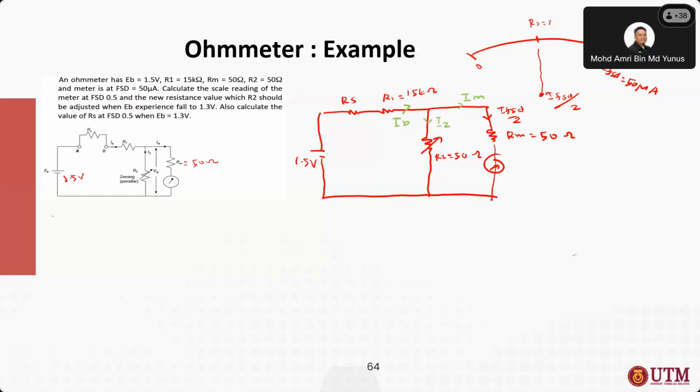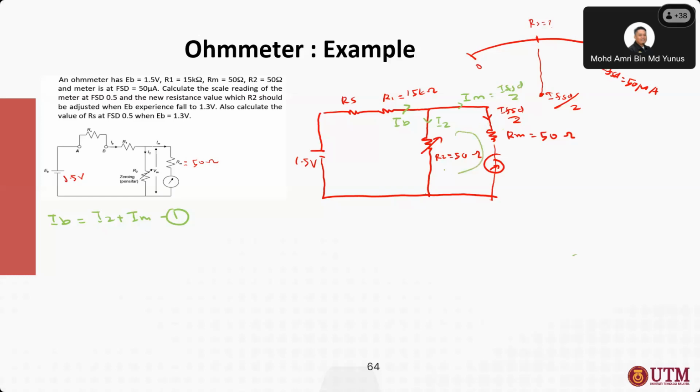IB is equivalent to I2 plus IM. So that's the first equation. And IM here is equivalent to IFSD divided by 2.